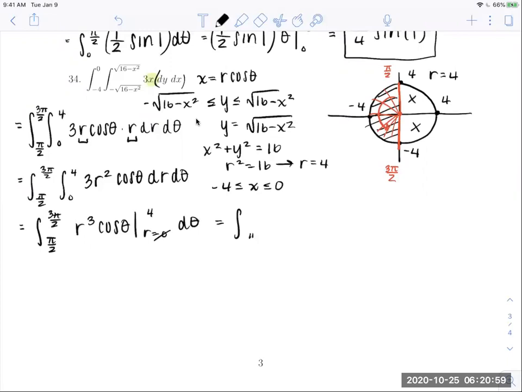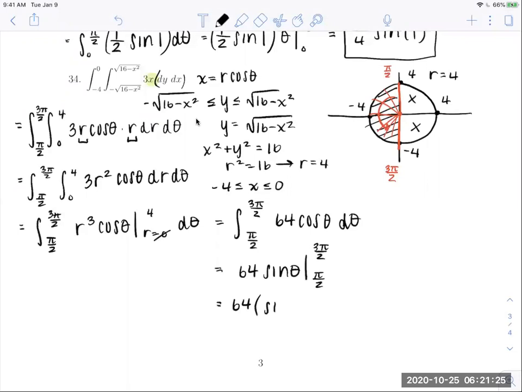So I'll just evaluate at 4. 4 cubed is 4, 16, and 64. So I have a 64 cosine theta d theta. The integral of cosine is sine. So I get a 64 sine theta, where theta is ranging from pi halves to 3 pi halves.